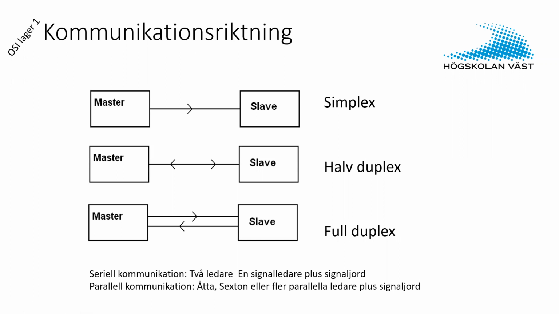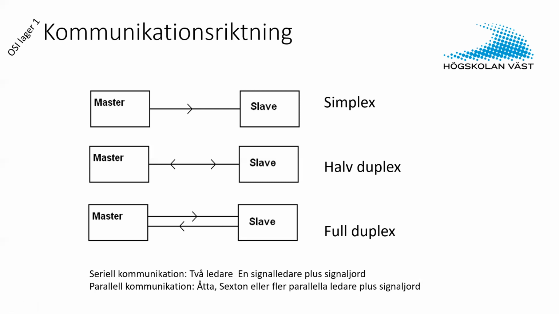It's very often half duplex because when one transmits, the other nodes cannot transmit at the same time because then they will interfere. If you have cables, you can easily get full duplex because it's only a matter of having double cables in some way.